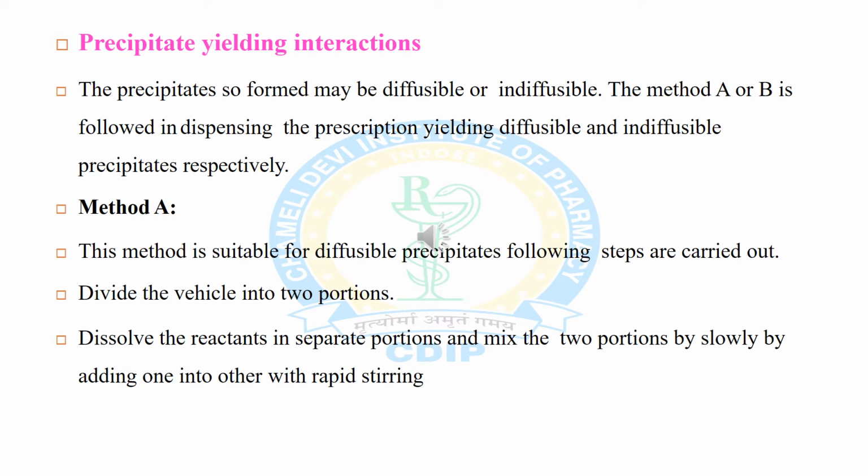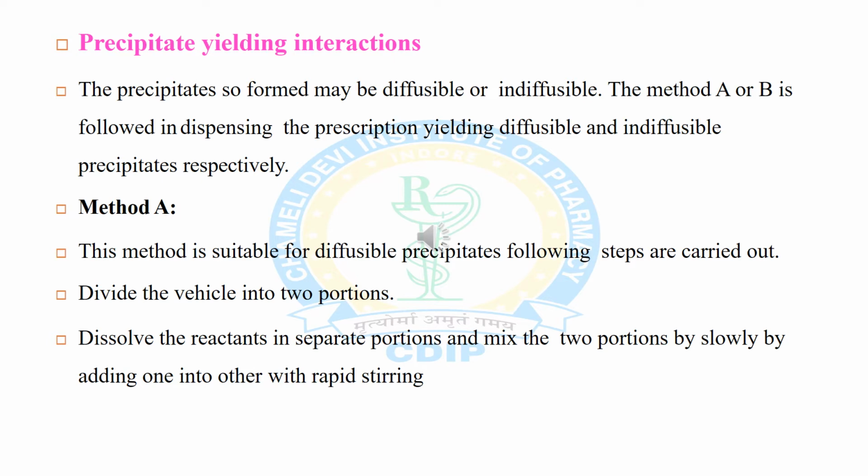The precipitate formed may be diffusible or indiffusible. Diffusible precipitate is insoluble in water but easily wettable after shaking, and indiffusible solids do not remain distributed in the dispersion medium or solvent even after shaking for a longer period of time.